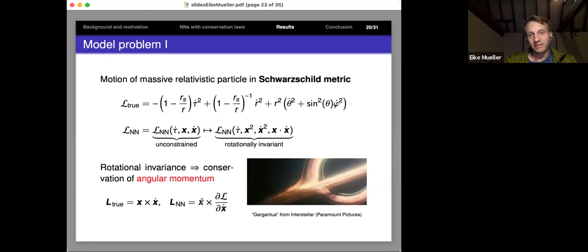It's the position crossed with the derivative of the Lagrangian with respect to x dot. That's what the network will preserve exactly, up to rounding errors, and that's something I will show you in a minute.